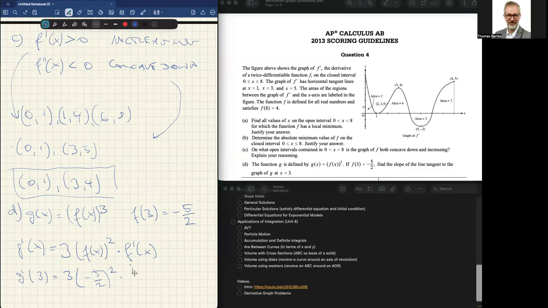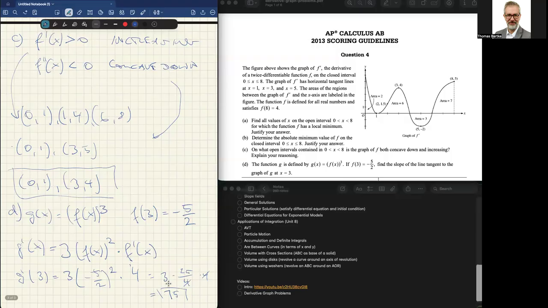Okay, times 4 on this one. And that value then is 3 times, negative squared becomes positive, so I don't have to worry about the negative sign here. And that is 25 over 4 times 4. These 4s cancel. So I have 3 times 25. That is 75. And that is the answer.